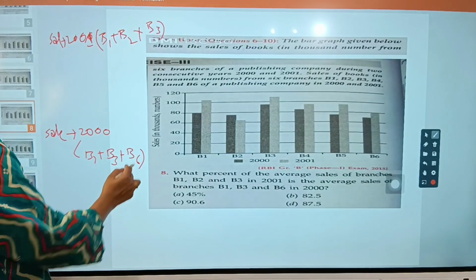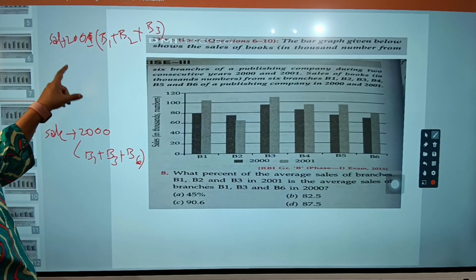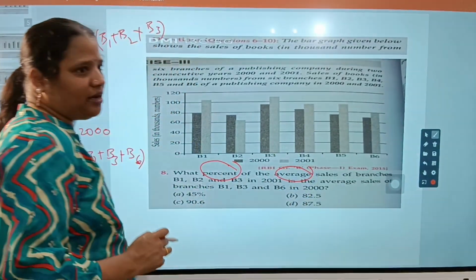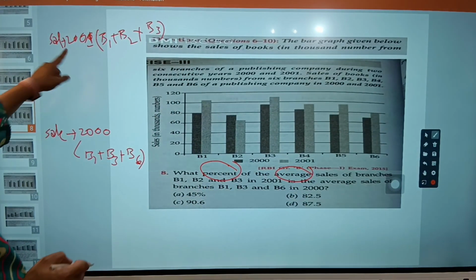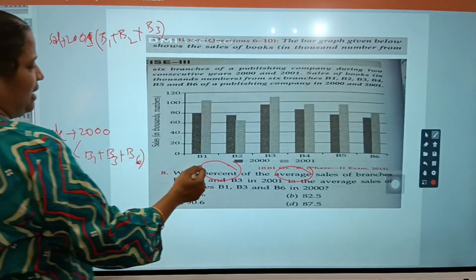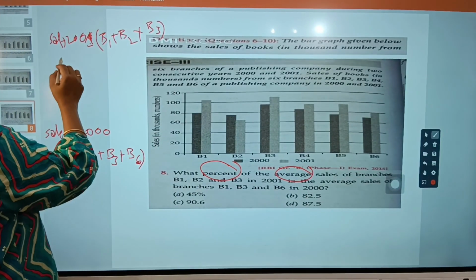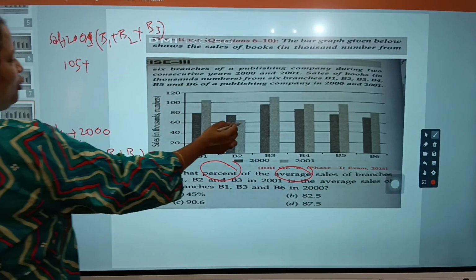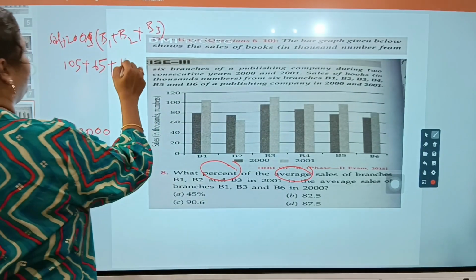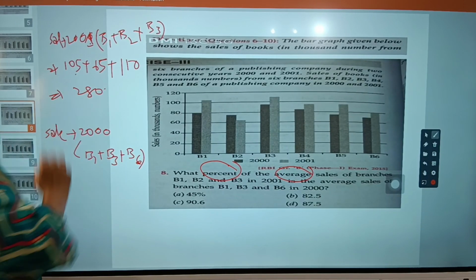First we have to make the average and then find out the percentage. Both average and percentage are asked in this question. So the sale in 2001 for B1, B2, B3: for B1 it is 105, B2 it is 65, B3 it is 110. So it will come around 280.